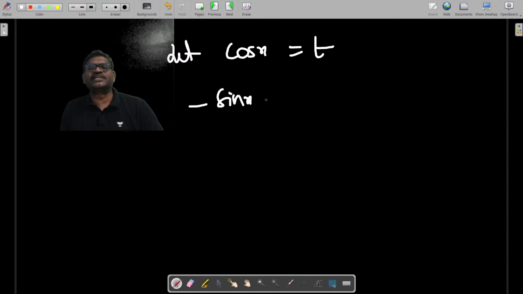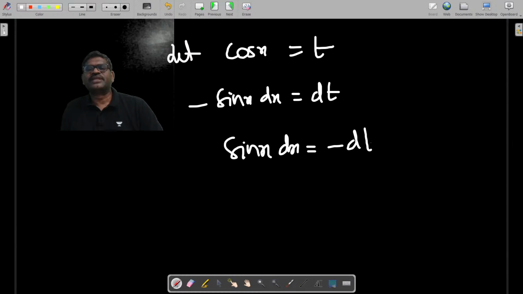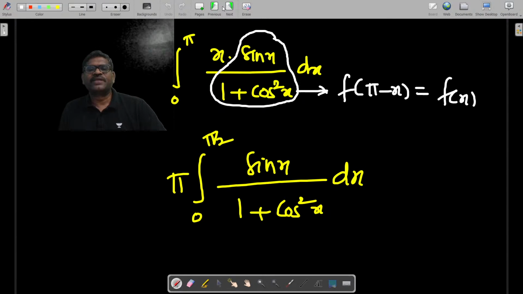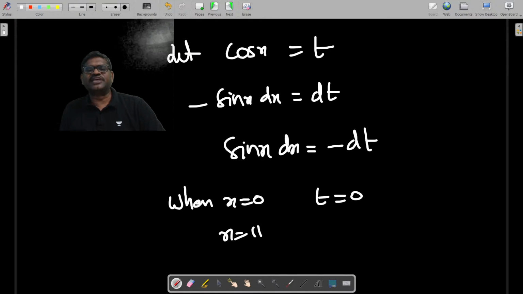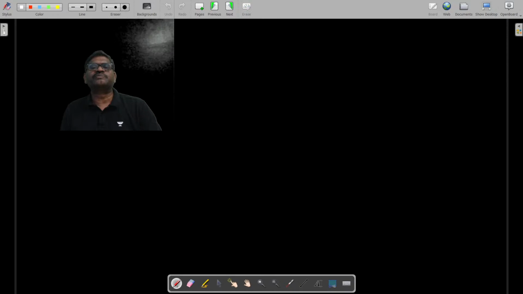Minus sin x dx is dt. Sin x dx is minus dt. When x is 0, t is 1, because cos 0 is 1. When x is pi by 2, t is 0. Now 0 to pi by 2 will become 1 to 0.